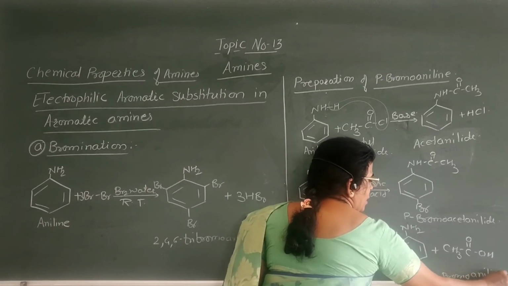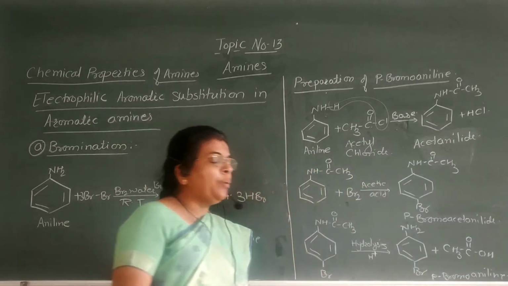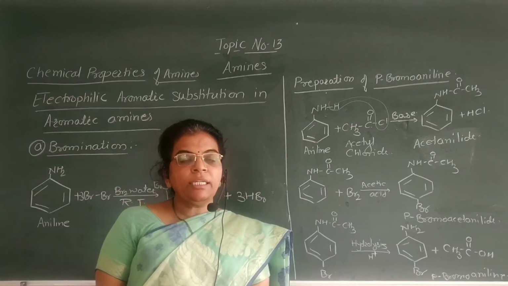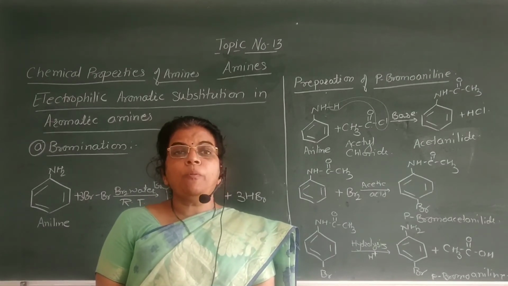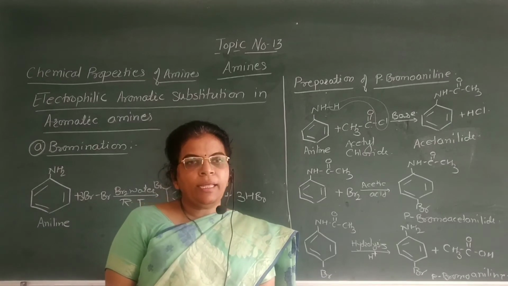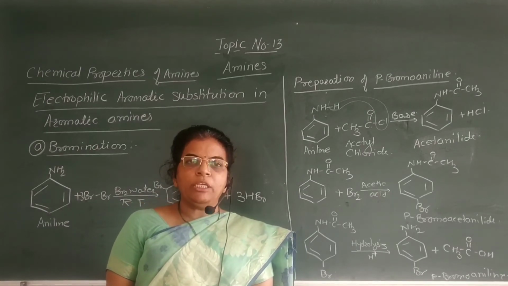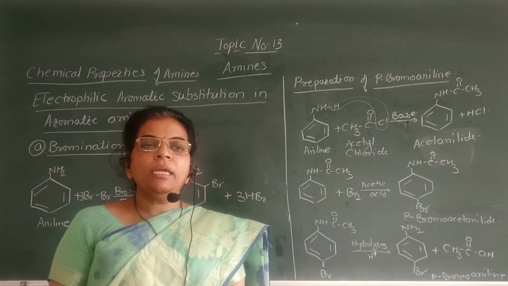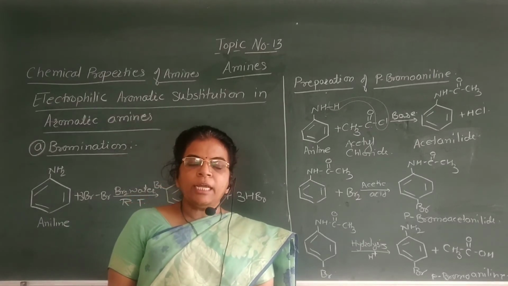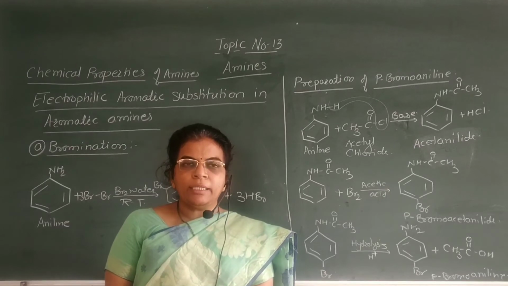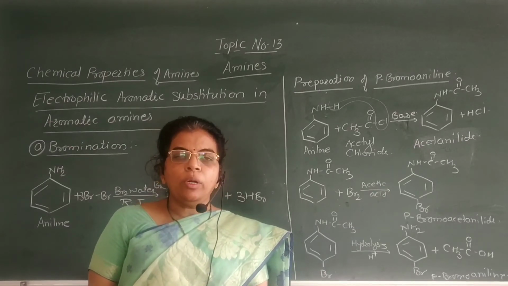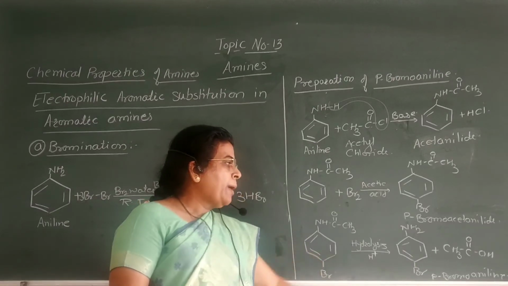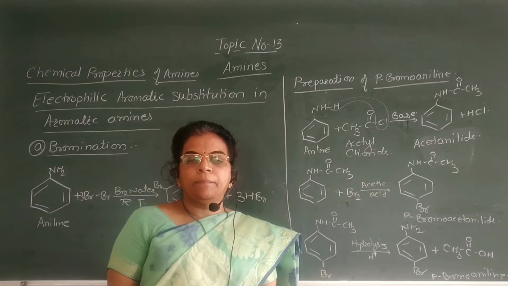That is, if we want to prepare parabromoaniline, first acetylation of the NH2 group of aniline is carried out, and then bromination of the acetanilide. Then we get parabromoacetanilide, and when this undergoes hydrolysis in the presence of acid or base, it gives parabromoaniline.